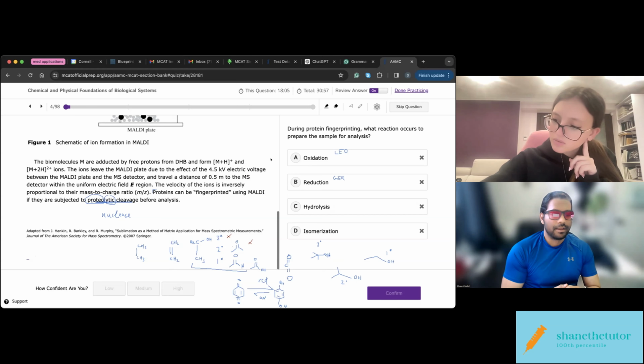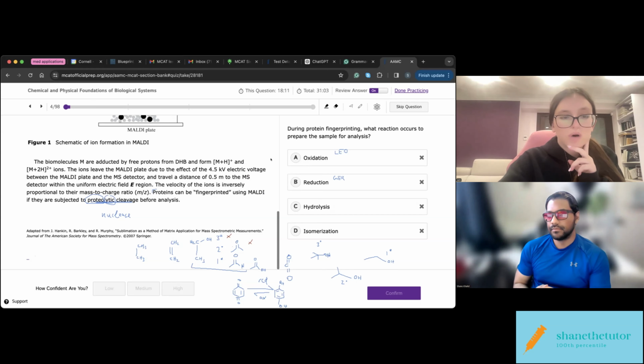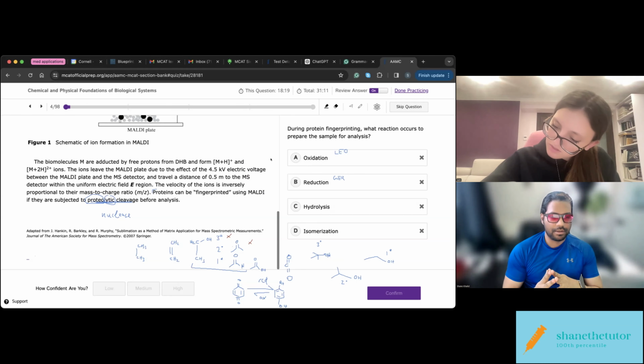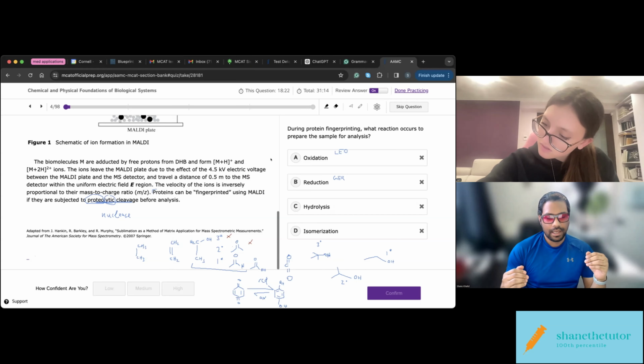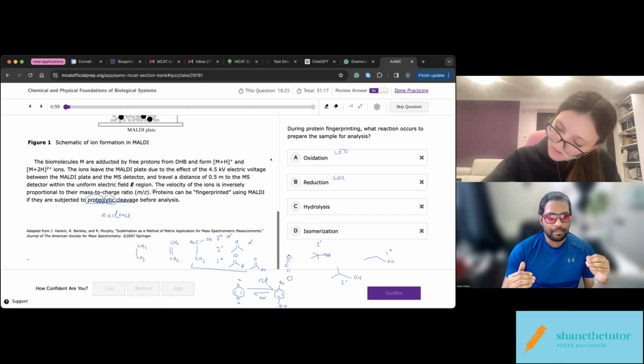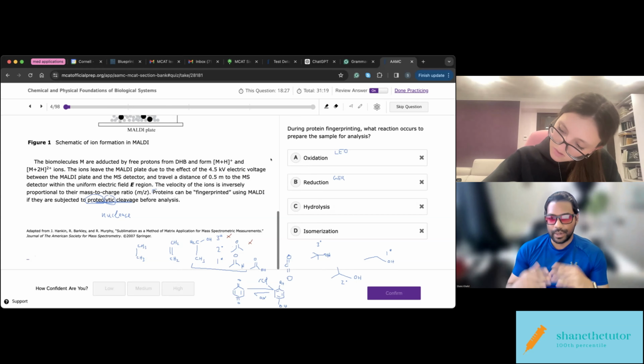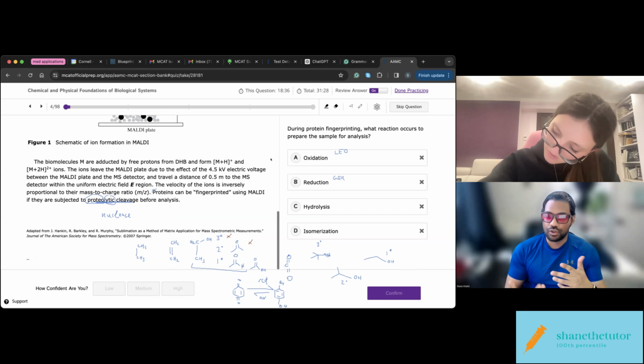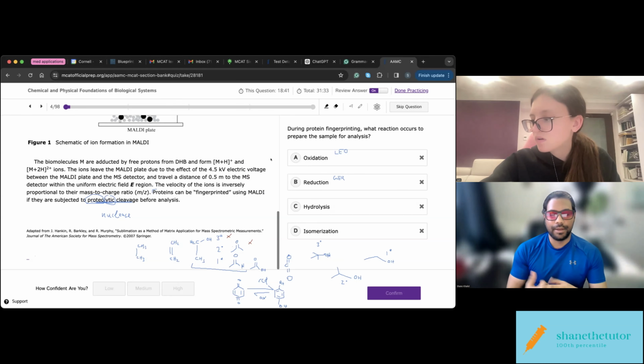That matches with the definition I gave for hydrolysis, right? Where it's breaking it into smaller pieces, like a peptide. If you had two amino acids and they bind to one another, that makes a peptide bond, and it's done through dehydration synthesis, also known as condensation, which means you are synthesizing, making a bond, through the removal of water.